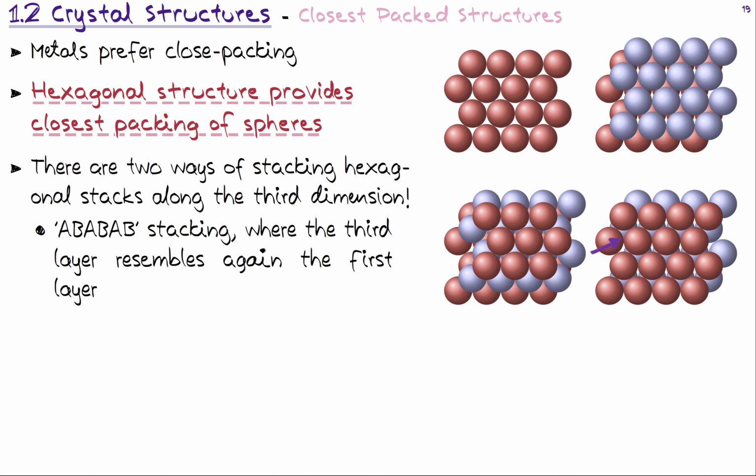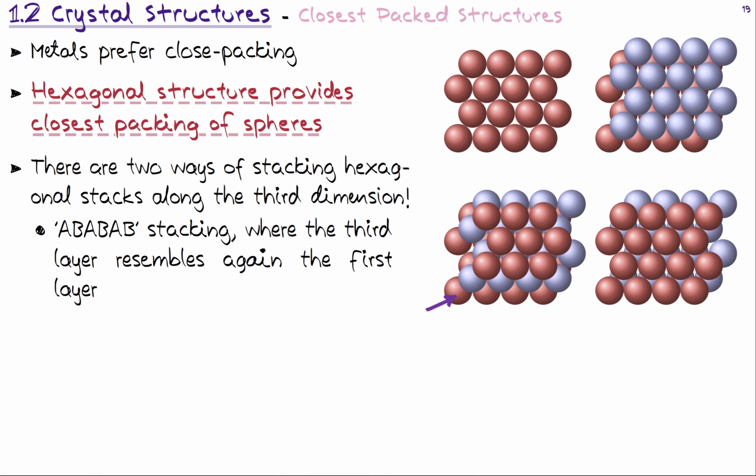And then when we put a third layer exactly on top of the first layer, we have the AB stacking, so that the repeating unit only requires two planes, an A layer and a B layer.